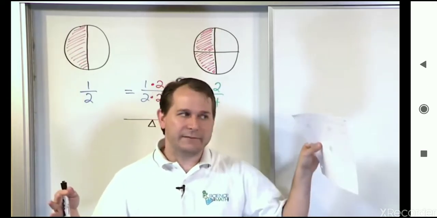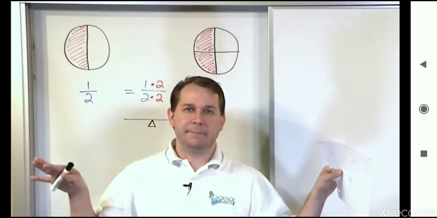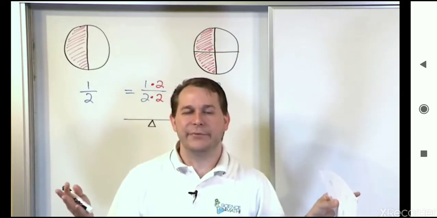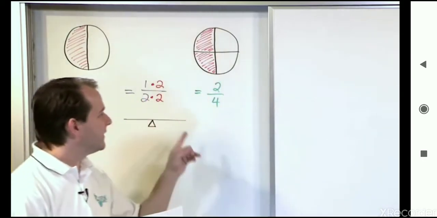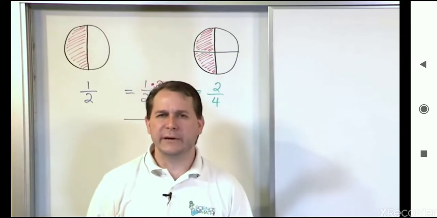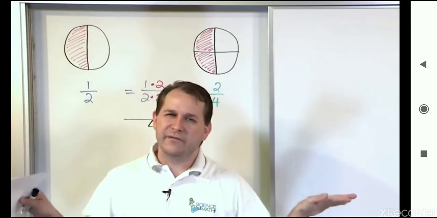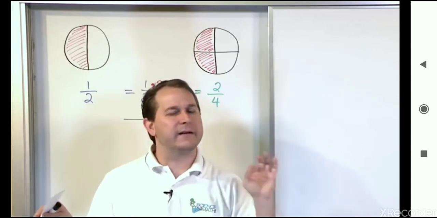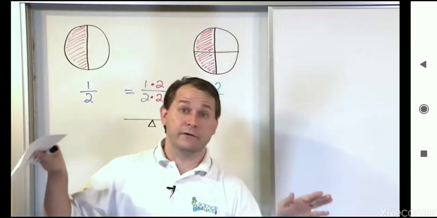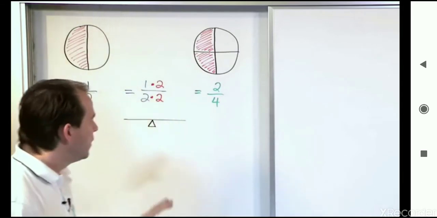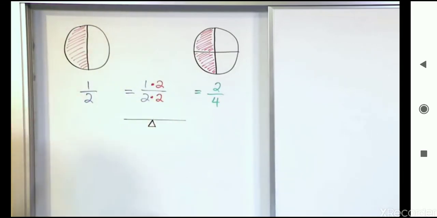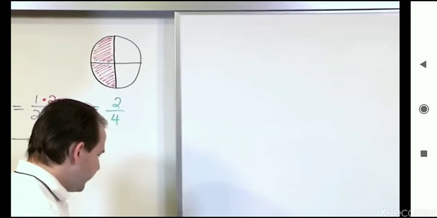But if I do that, I also have to multiply the bottom to keep it balanced, to make it equal to the same thing. If I start multiplying the top of this fraction by something and not doing anything to the bottom, then the fraction is no longer the same thing. So think of it as a teeter-totter. Everything's balanced as long as I do it to the top and also to the bottom at the same time. All right, so let's go over here and do another one that will continue to help us.